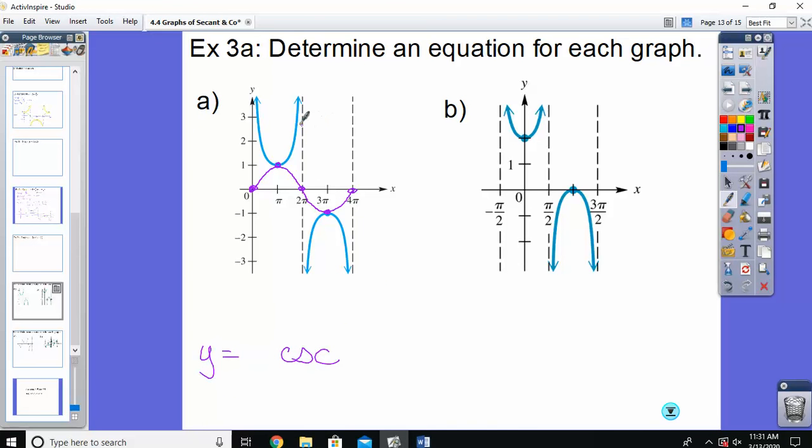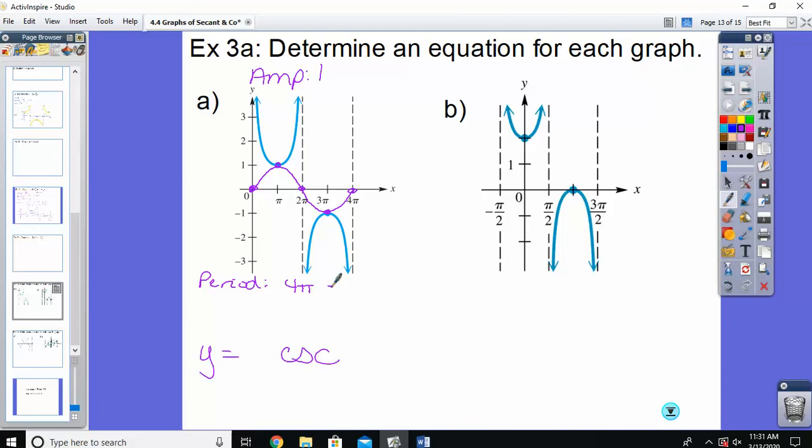Okay, amplitude. How far above and below the center do we go? Just 1. So I don't need anything in front. Was it flipped or anything? Moved up or down? Okay. Period is, how long did it take before this graph repeated? 4 pi.